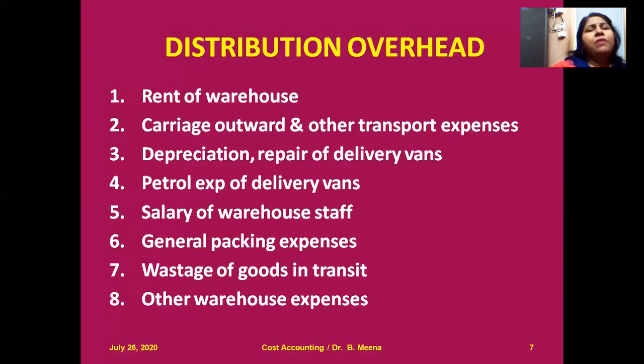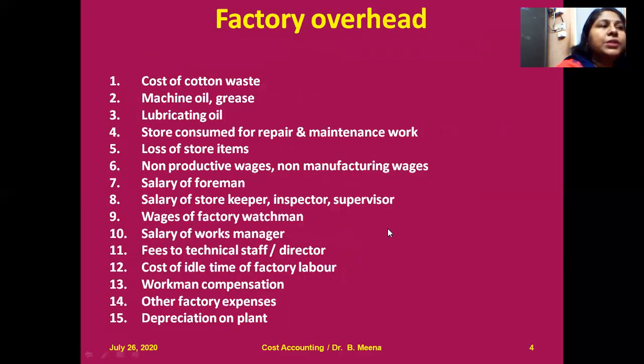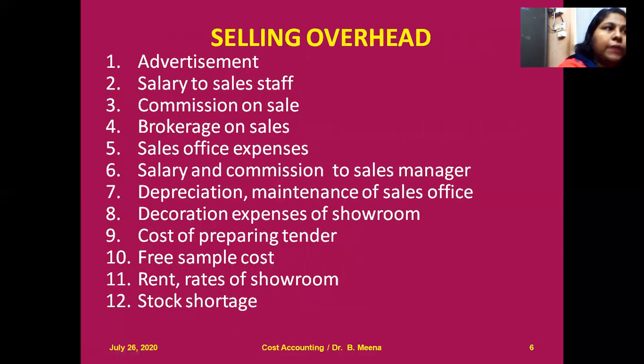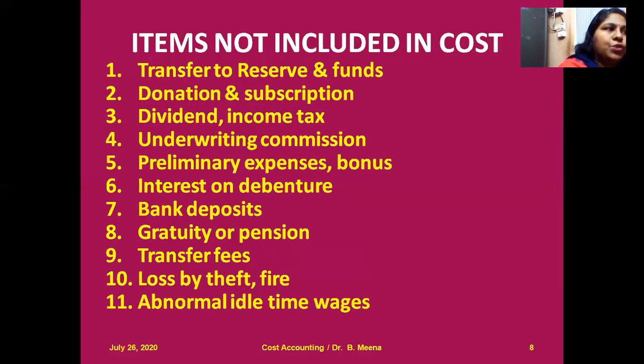So these delivery vans will come under selling and distribution department only. And petrol expense of delivery vans, salary of warehouse staff, general packing expenses, wastage of goods in transit, other warehouse expenses. So by looking at these slides, you will understand what the factory overheads, the office overheads, the selling overheads, and the distribution overheads are.